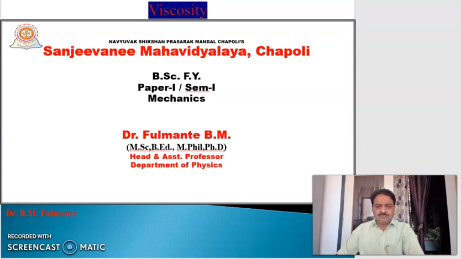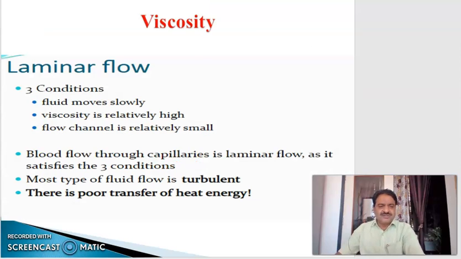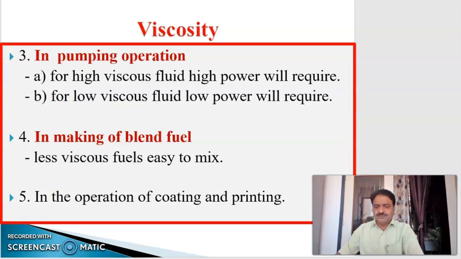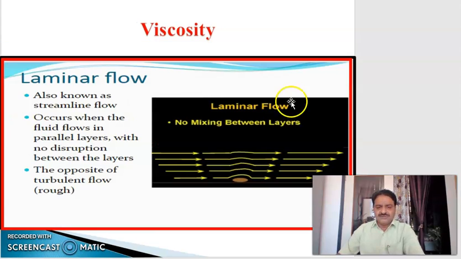Here we shall see the different types of flows of fluid. In the last lecture we have seen the pumping operation of the fluid in making the blend fuel. Viscosity we have to consider. Now we shall see the flow of liquid.